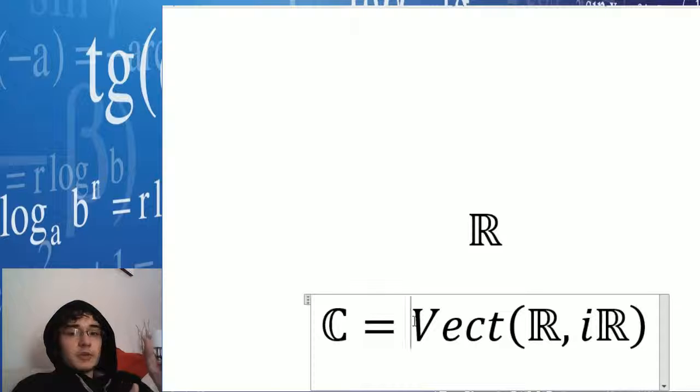So basically, you start with a line, and then you add another line multiplied by i, and you start doing properties on it.